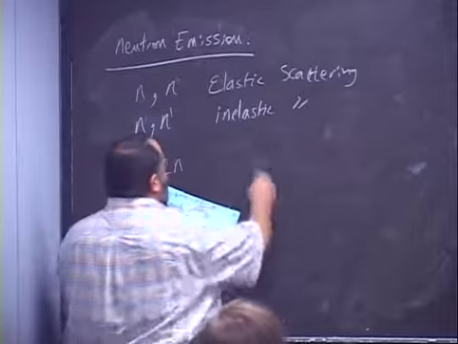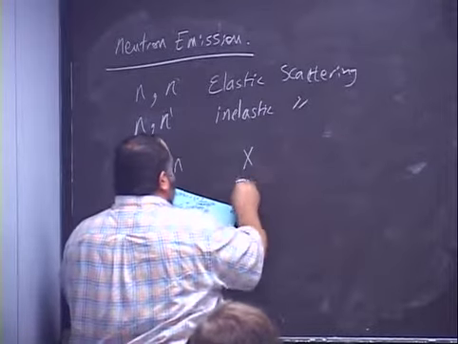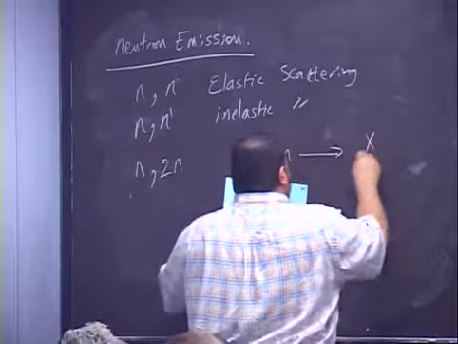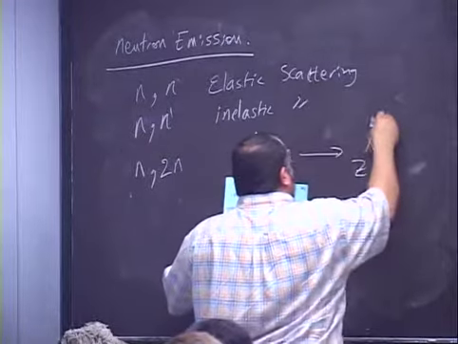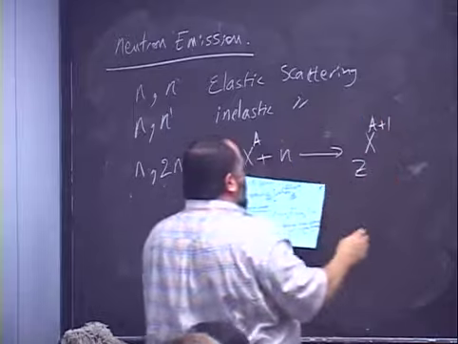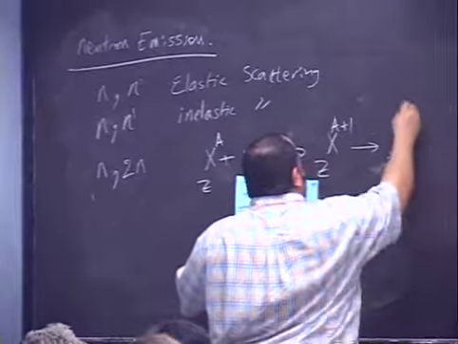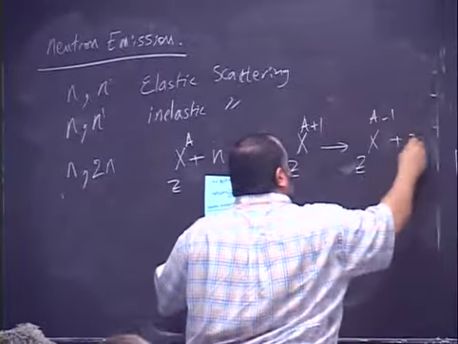So usually we write the reaction as X(Z,A) plus a neutron, which gives X(Z,A+1), because you added one neutron, and this decays to X(Z,A-1) plus 2n.